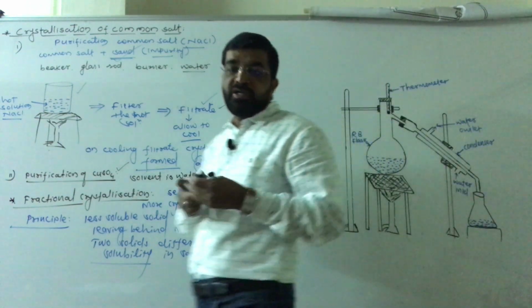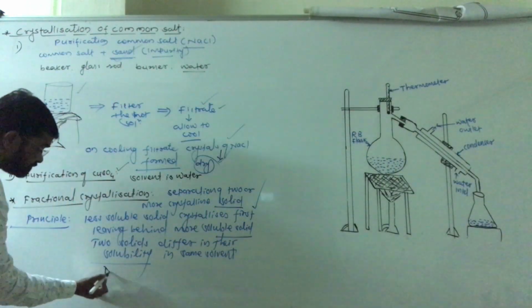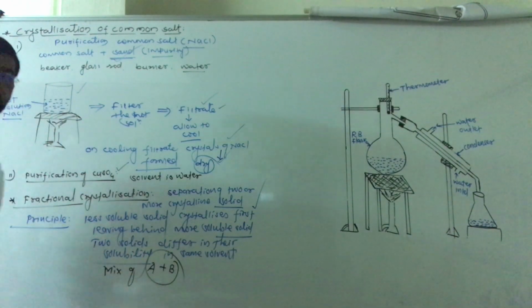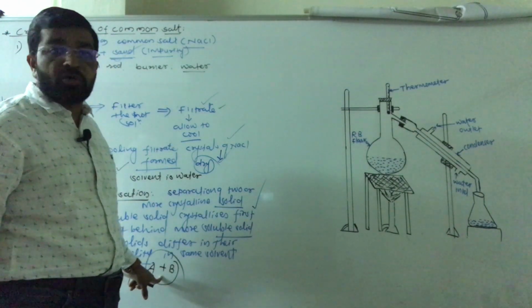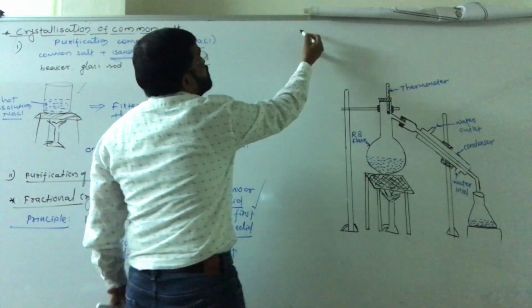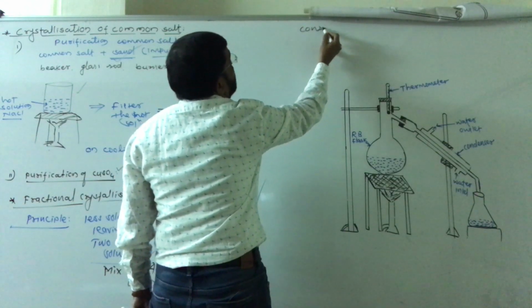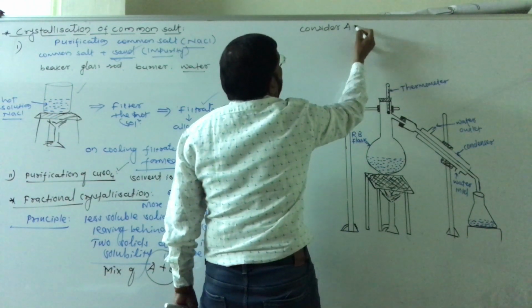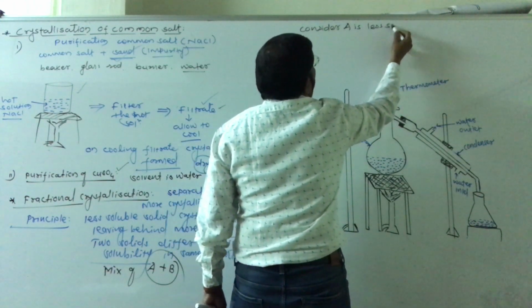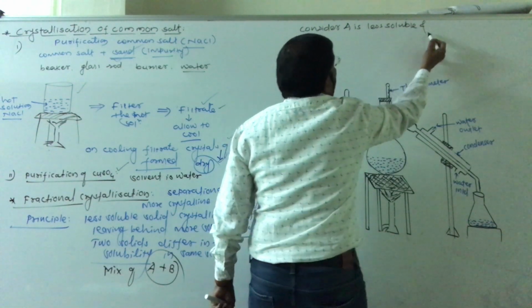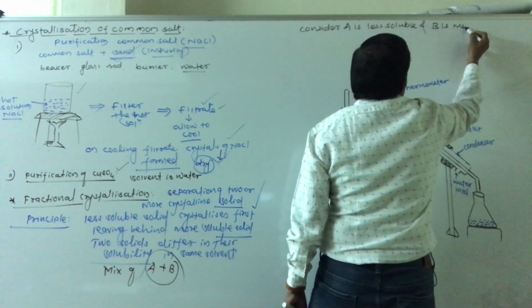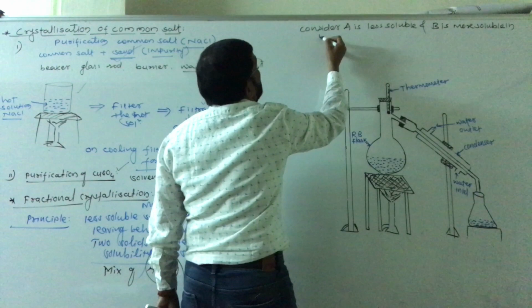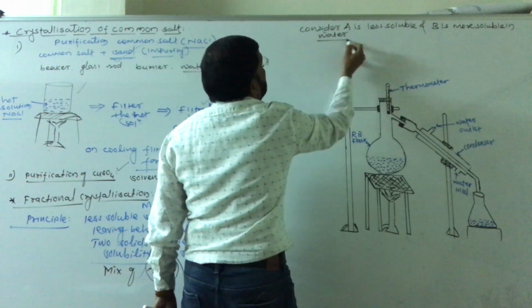Here we will generally take a mixture of solid A plus B, and we have to separate this mixture of solids A and B. So here consider A is less soluble and B is more soluble in the same solvent, suppose water, right?